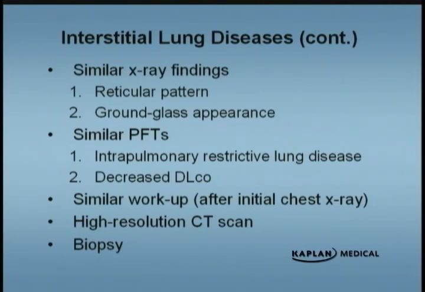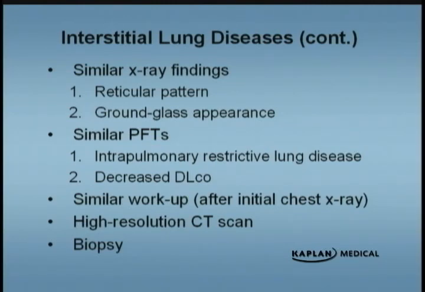So the workup is similar. After you do the initial chest x-ray, you do a high-resolution CAT scan to see what part of the lung is mostly affected, to know what to look for. And then the most appropriate step in the end for these diseases is a biopsy, to confirm the diagnosis, sometimes just to exclude other diseases, because some of these diseases don't have a pathognomonic finding, but they have certain findings that look a certain way, and then you exclude certain other diseases, and then you say this is the likely diagnosis.